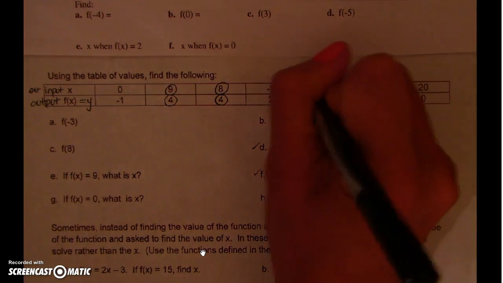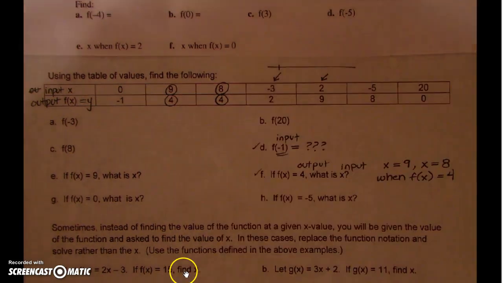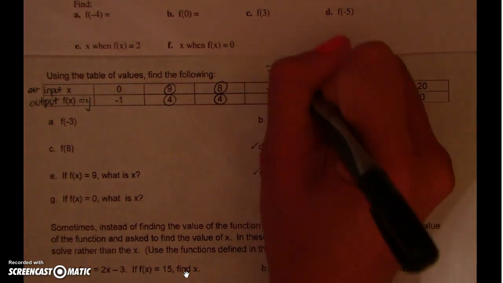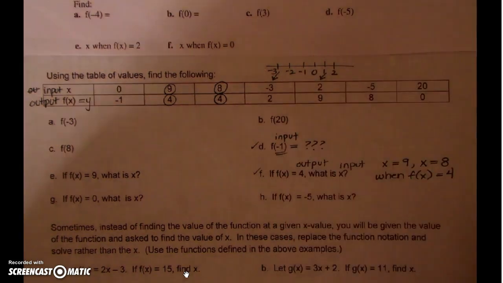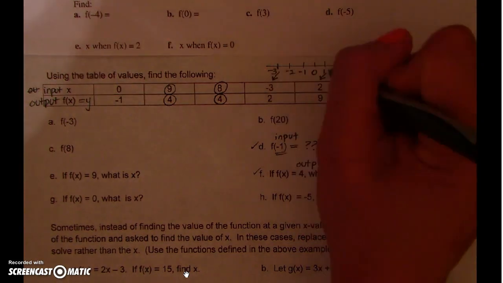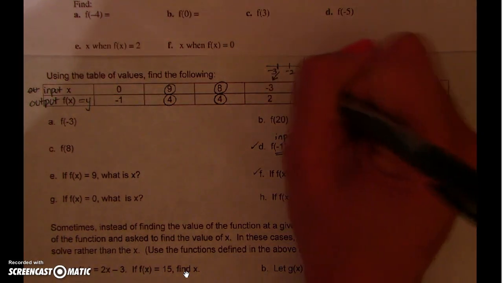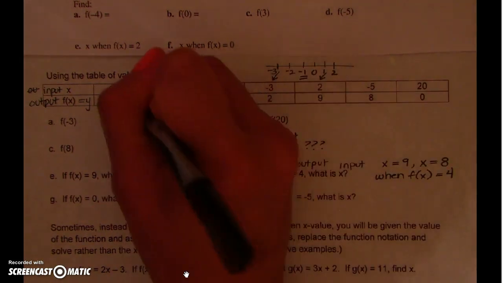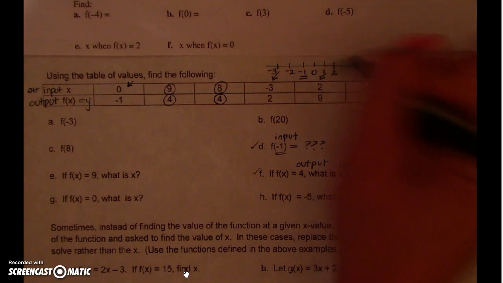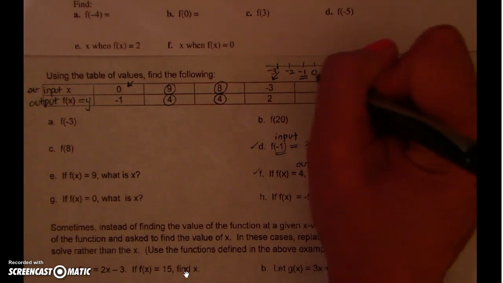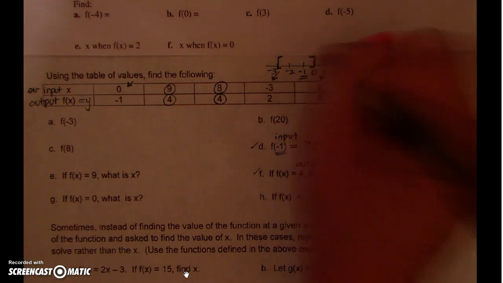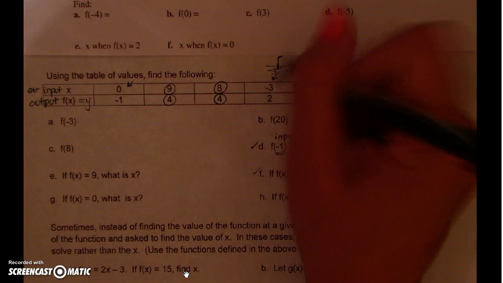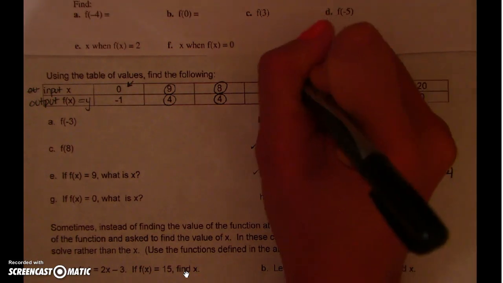And if you were to draw a number line, you would have -3, -2, -1, 0, 1, and then 2. So I know my values are somewhere between -3 and 2. That's where your -1 would be. And as I look a little bit closer, I see also that we know what x equals 0 is. So really my window is going to be somewhere between -3 and 0. When x is equal to -3, my output is 2.